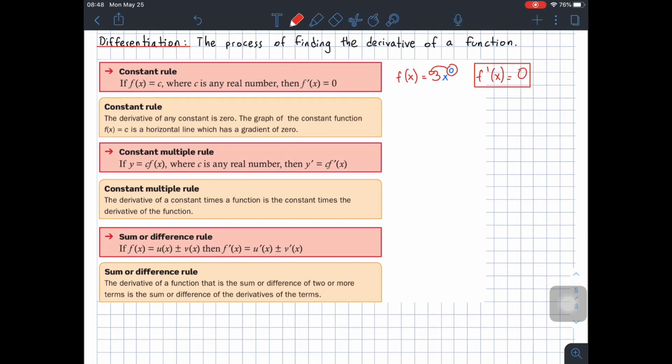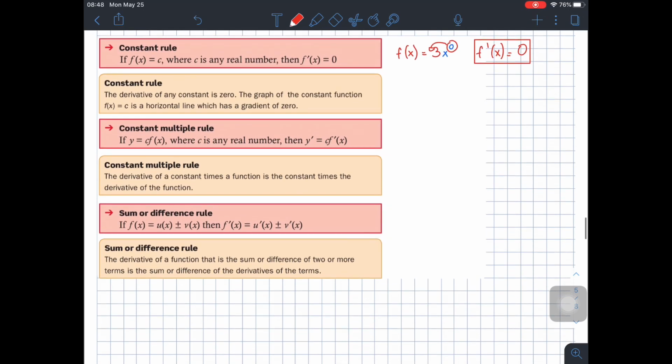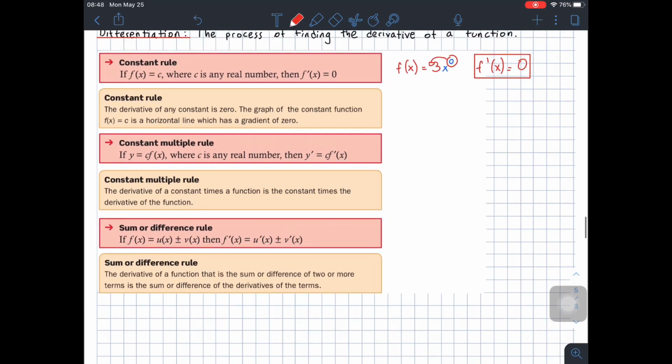Then it says constant multiple rule. If y equals c times f of x, where c is any real number, then the derivative function is c times f prime of x. This is just saying that if, for example, I define f of x as, let's say, x squared.